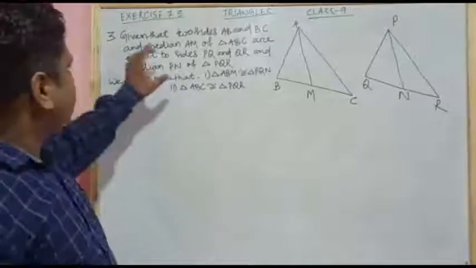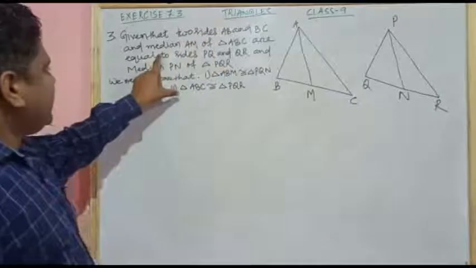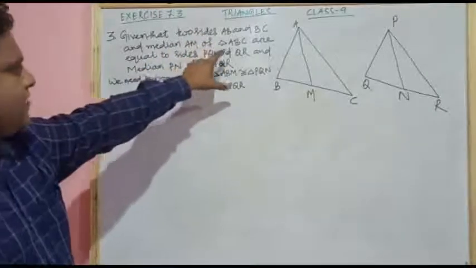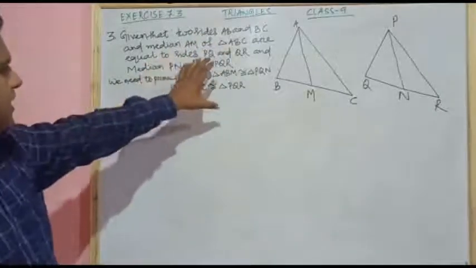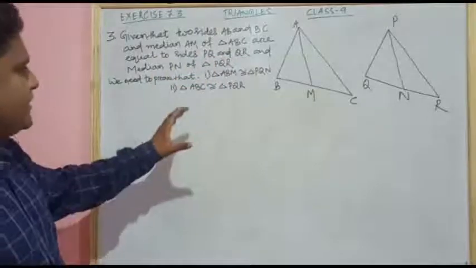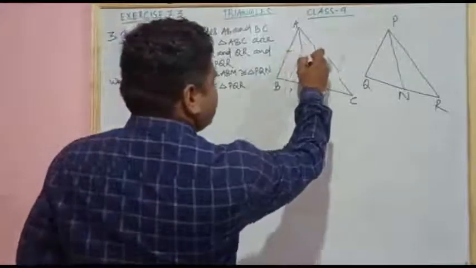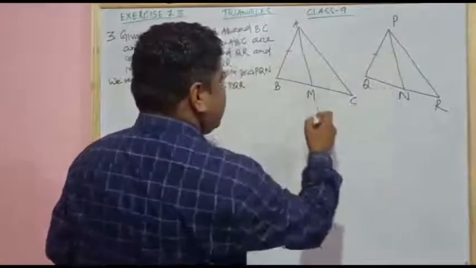Next is number 3. It is given that two sides AB, BC and median AM of triangle ABC are equal to sides PQ, QR and median PN of triangle PQR. Means AB equal to PQ, it is given.